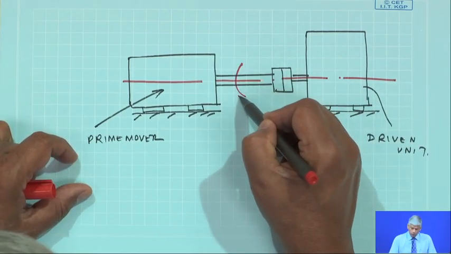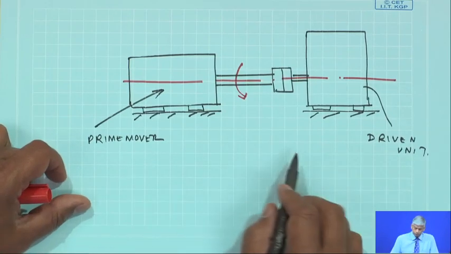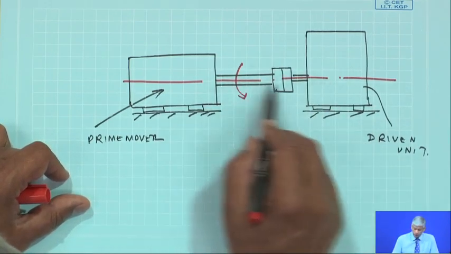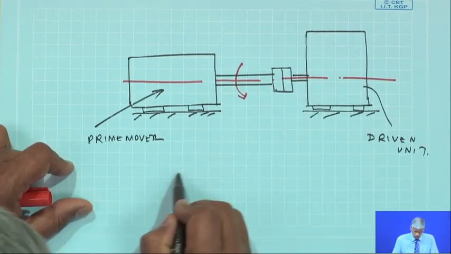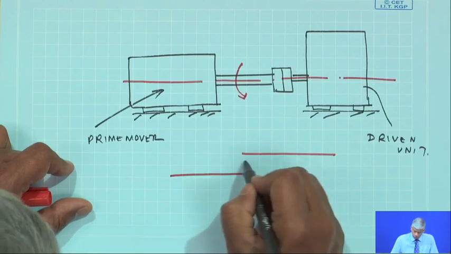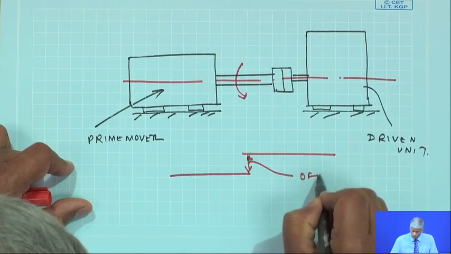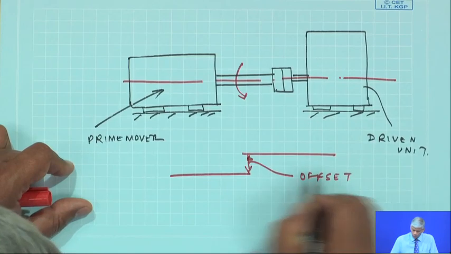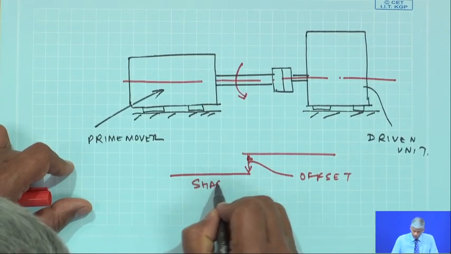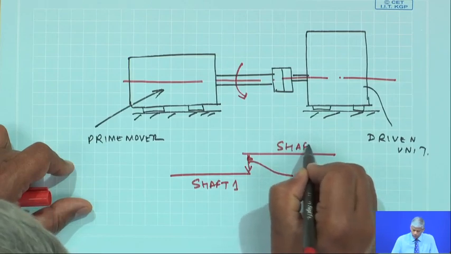So, if we rotate, there are no forces, unless there is what is known as a parallel misalignment. This is what is known as the offset. So, shaft 1, shaft 2.